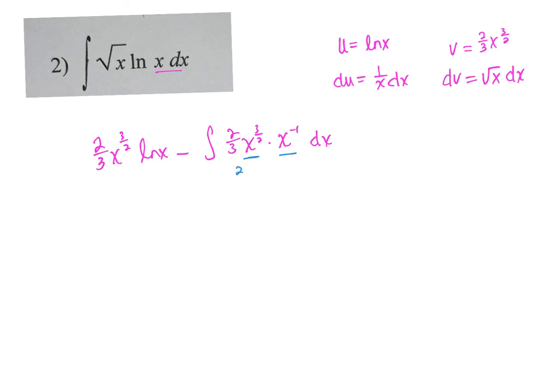So I have 2/3 x to the 1/2 here. So I have 2/3 x to the 3/2 ln of x minus, I'm going to add 1, right? So that again becomes 3/2. And then I'm going to divide by that, so multiply by 2/3, which becomes 4/9. And then plus c.